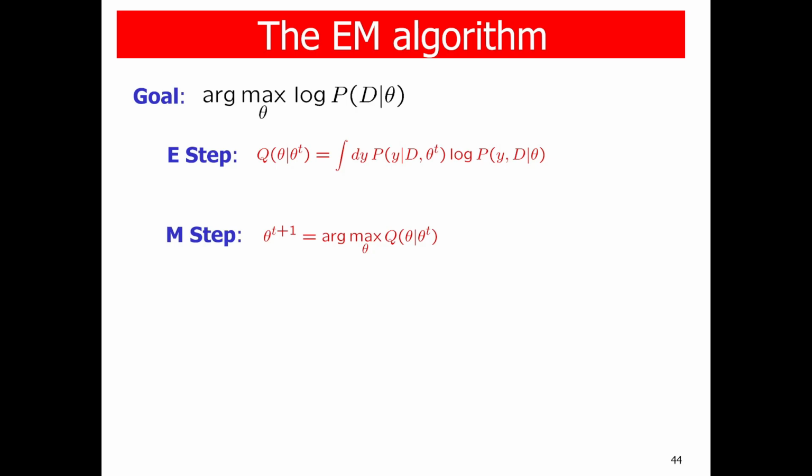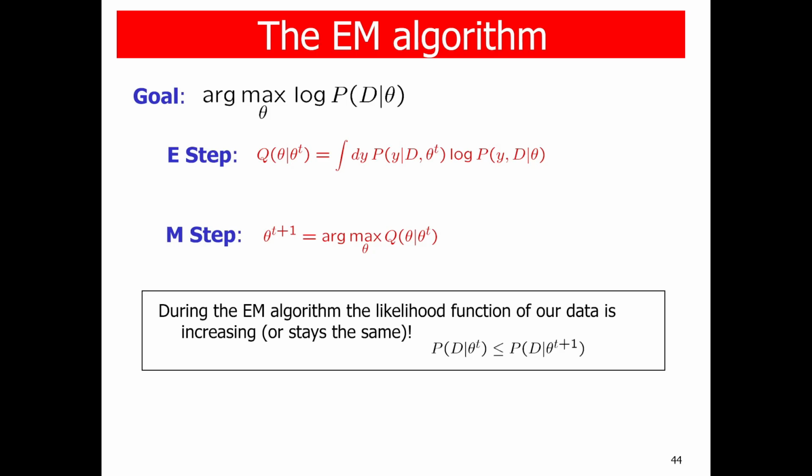In the M step, we maximize it in its first argument. We will prove that during the EM algorithm, the likelihood function of our data is increasing, or at least stays the same. So the probability of our data given the parameters theta at iteration t is always smaller than or equal to the probability of our data given the parameters at the next iteration t plus 1.